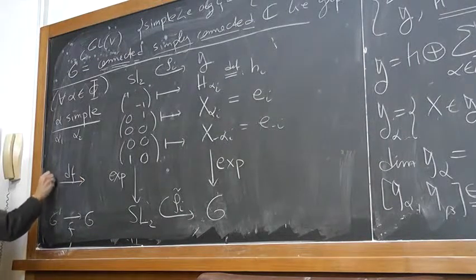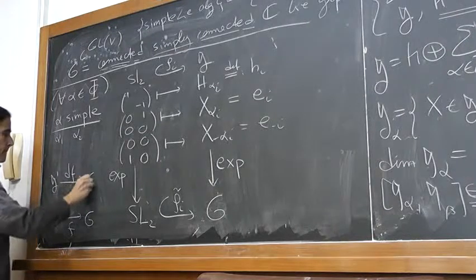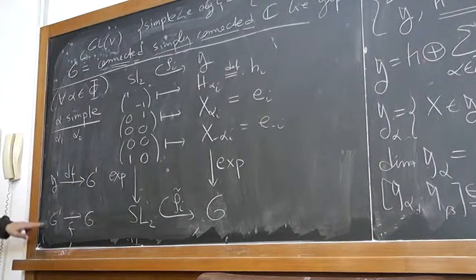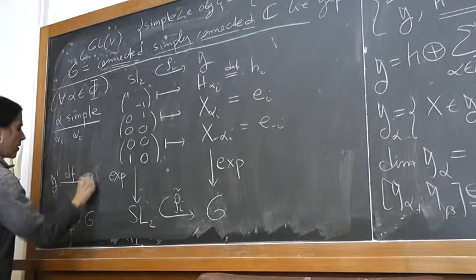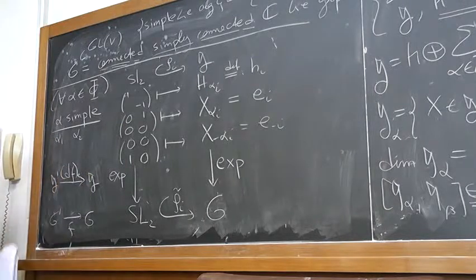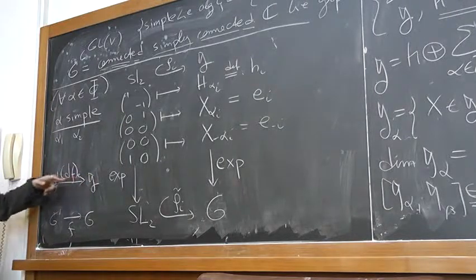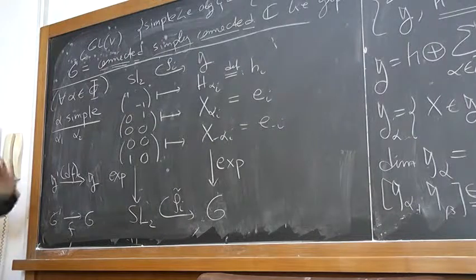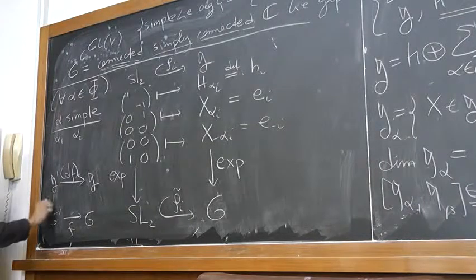So if you take a morphism of Lie groups, which is a differentiable map and also a group homomorphism, if you take its differential at the identity, this differential will give you a map between the tangent spaces. That's fine. One can show that this diagram is commutative with the exponential.